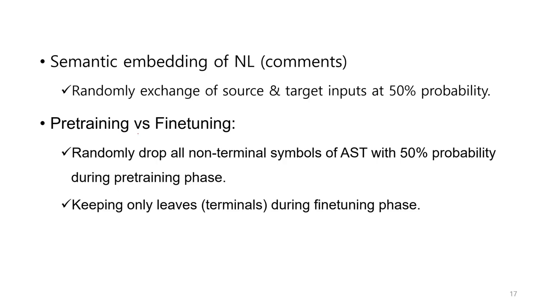The second technique is for solving the gap between fine-tuning and pre-training. They drop some non-terminal symbols in the AST with 50% probability during the pre-training phase. In the fine-tuning phase, they use only the actual source code, the leaves, or we can say terminals.